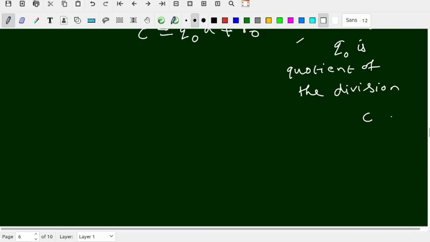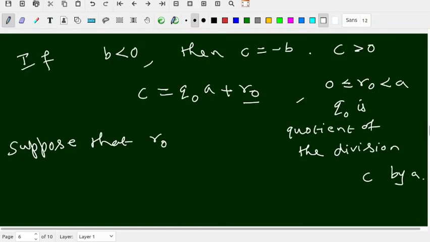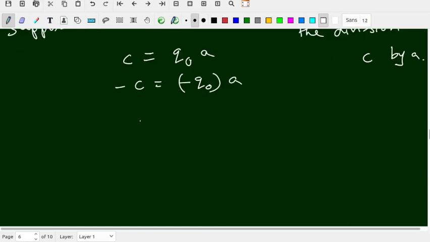Based on the remainder we take two cases. First case, suppose r naught is 0. Then the equation becomes c equal to q naught a. Multiplying by minus 1 on both sides, minus c is minus q naught times a. Minus c is b, so we have b equal to minus q naught into a, so the remainder is 0.